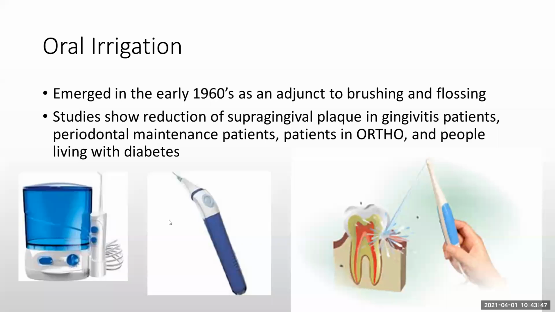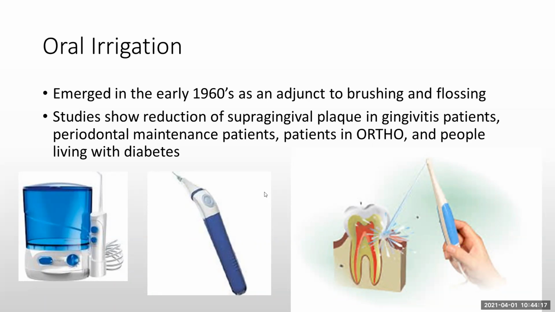So there are some precautions. Oral irrigation was very popular in the 60s as an adjunct to brushing and flossing. Studies show a reduction in supragingival plaque in gingivitis patients. Supragingival, and we know what happens on top of the gum has a direct effect underneath the gum tissue. It's great for patients with ortho, patients living with diabetes. It massages and stimulates the gum tissue. It lavages underneath the tissue.